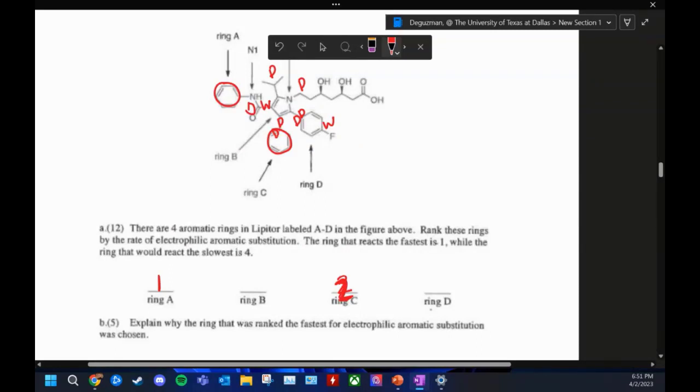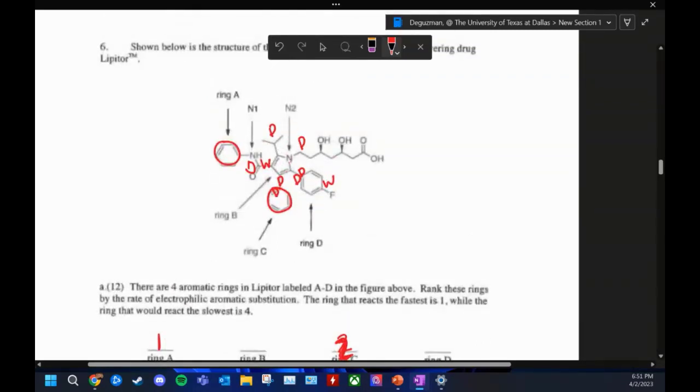So now we have B and D. Looking at B, it has donating groups, but the main difference between B and D is the withdrawing group. For B it is that carbonyl right here, and the withdrawing group for D is this fluorine, right?